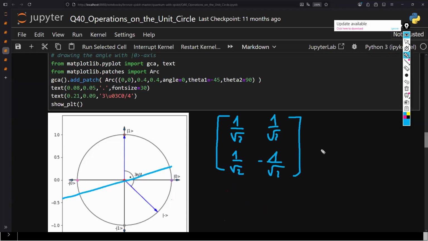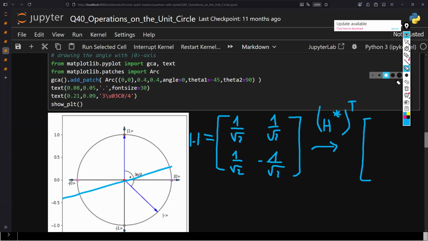So if we had to calculate the complex conjugate transpose of this, so this is a regular H, if we were to calculate the complex conjugate transpose, we would get the same thing.